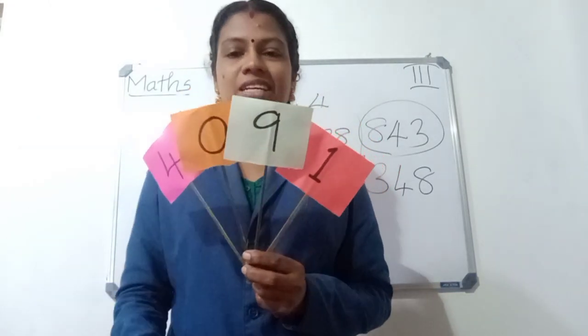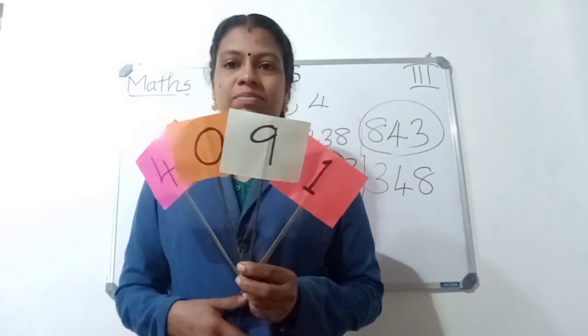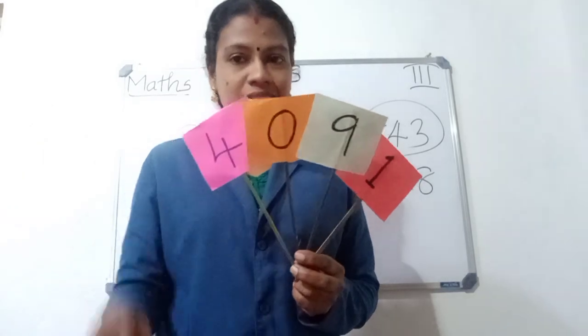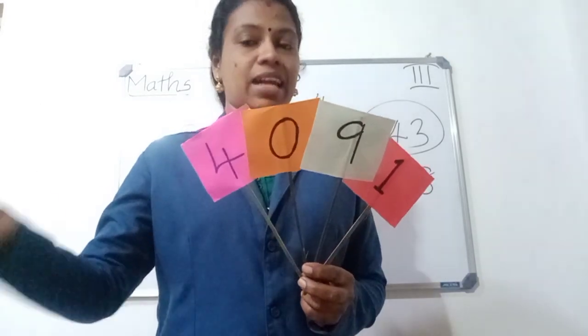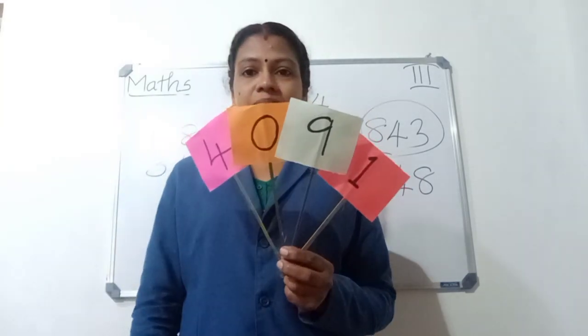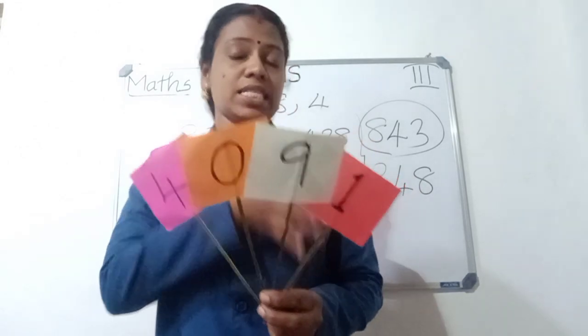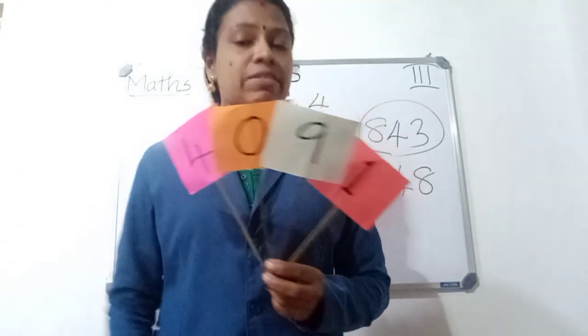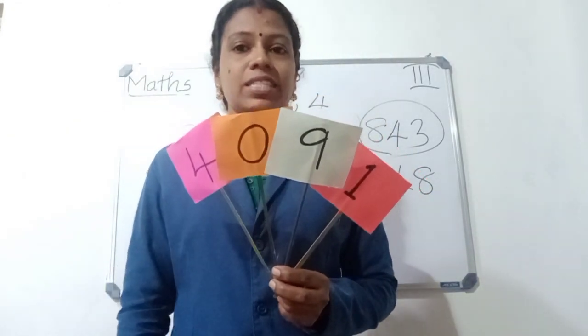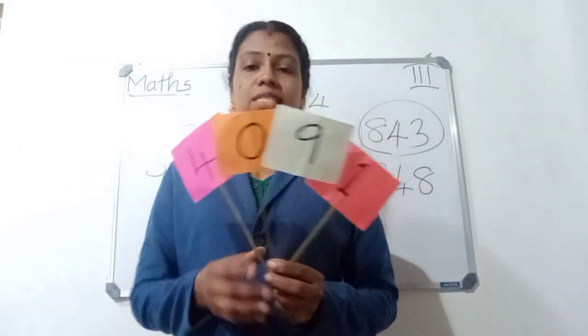It is very easy to write the biggest and smallest number using the given digits. I told you, writing the biggest digit first gives the biggest number, or writing the smallest digit first, that is ascending order, will give the smallest number.